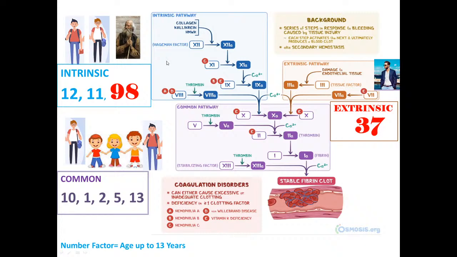Same situation. Intrinsic pathway, the collagen. Extrinsic pathway of coagulation begins when factor 7 is converted to factor 7A by tissue thromboplastin, tissue factor.